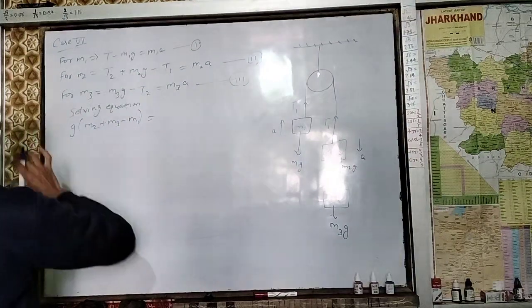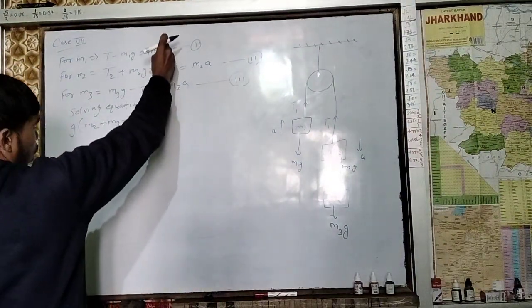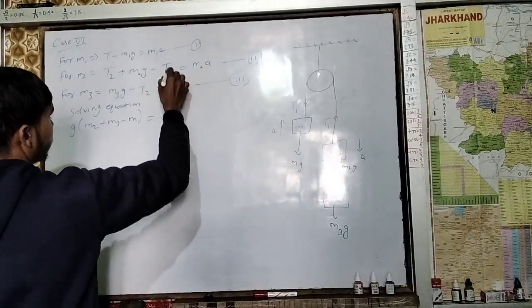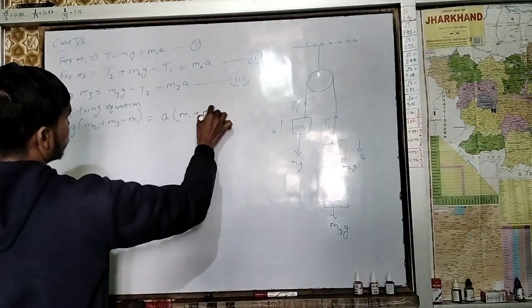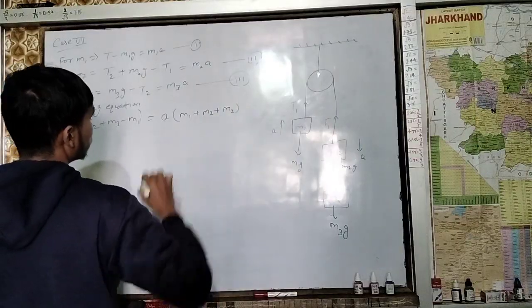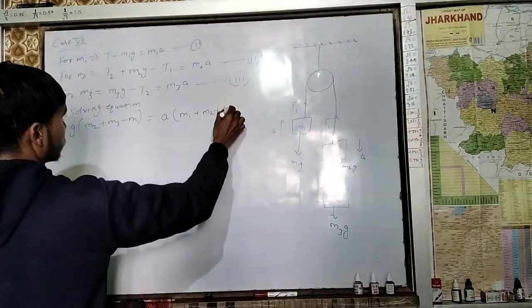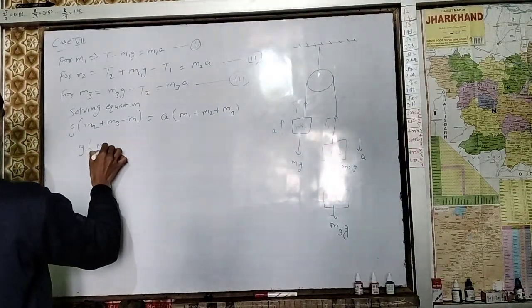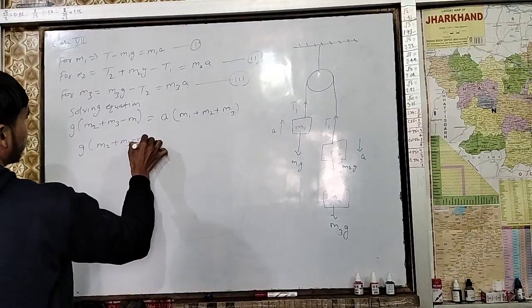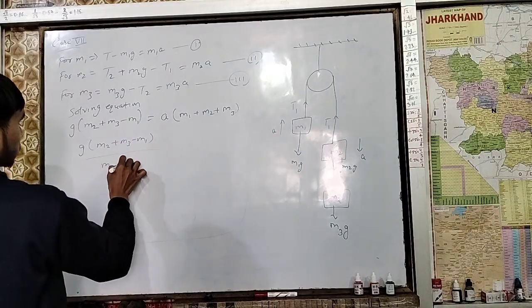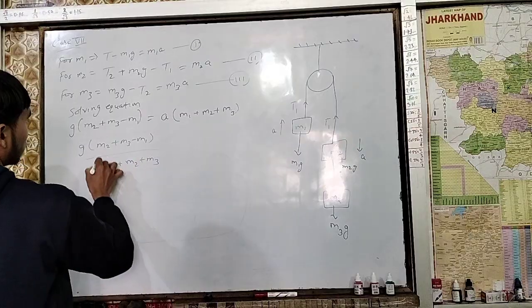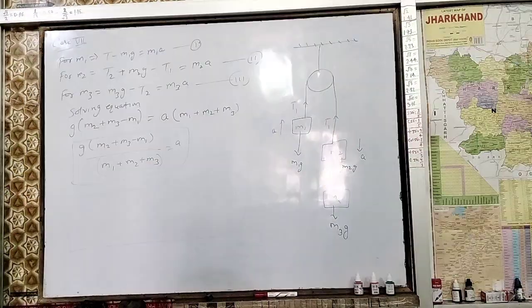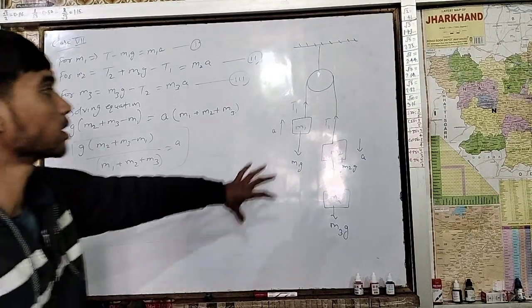This LHS is clear. Now in the RHS, what is a common? You would say A times M1 plus M2 plus M3. This will go into denominator. Z times M2 plus M3 minus M1 upon total mass is equal to acceleration. This equation we will use to calculate acceleration if a figure is like this.